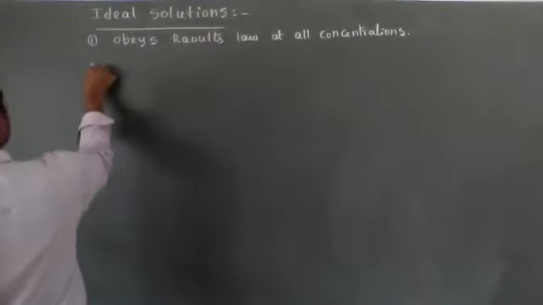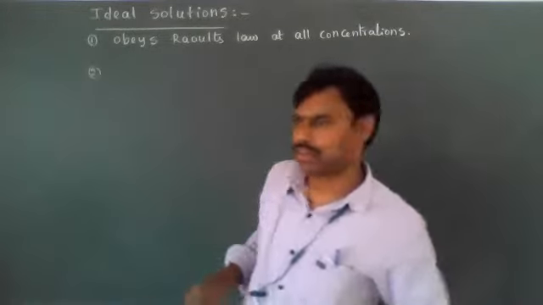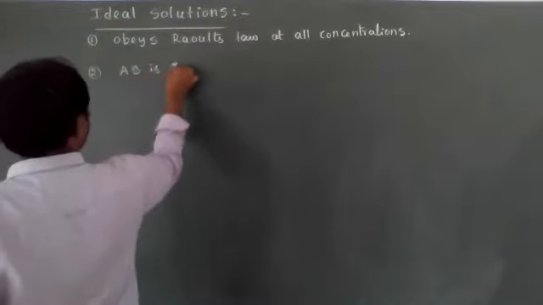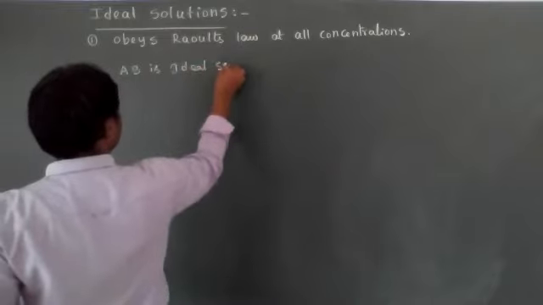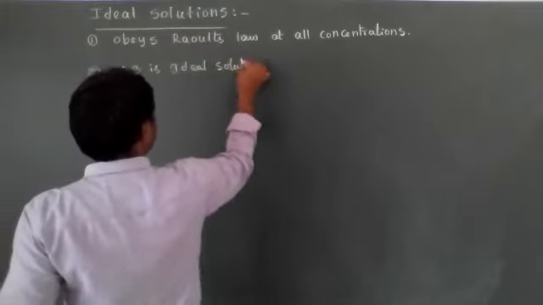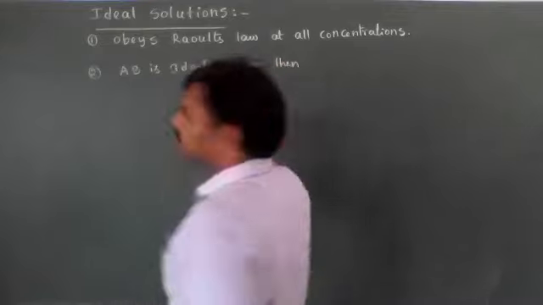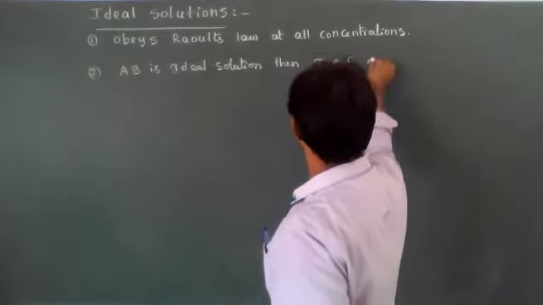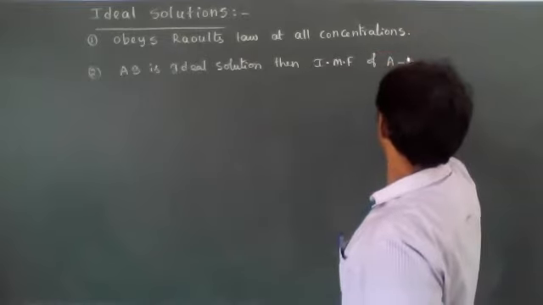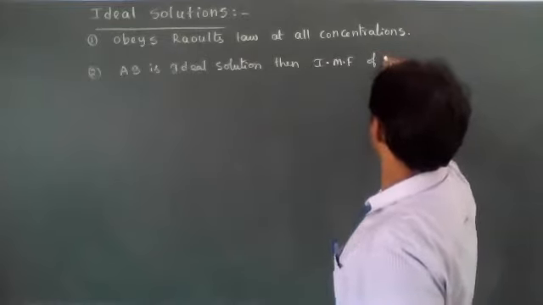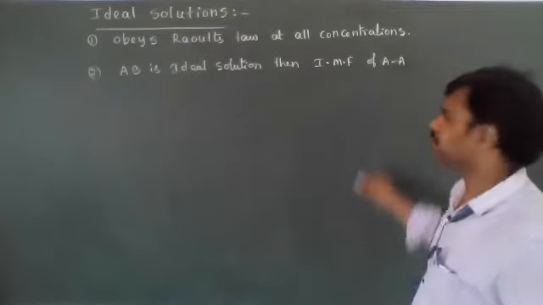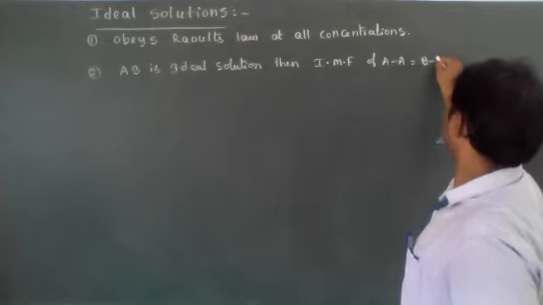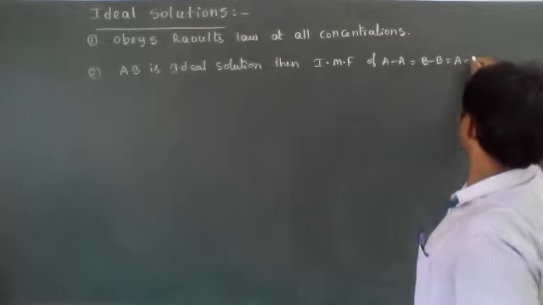So for an ideal solution, for example AB is an ideal solution, the intermolecular forces of AA are equal to BB, which are equal to AB.